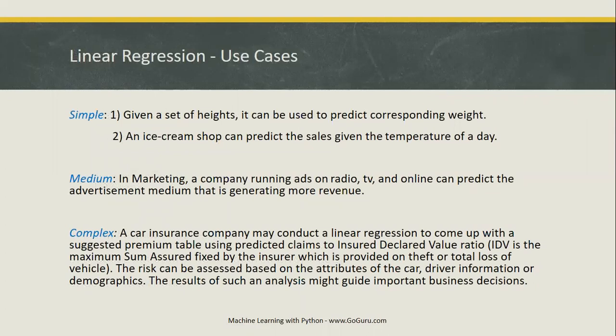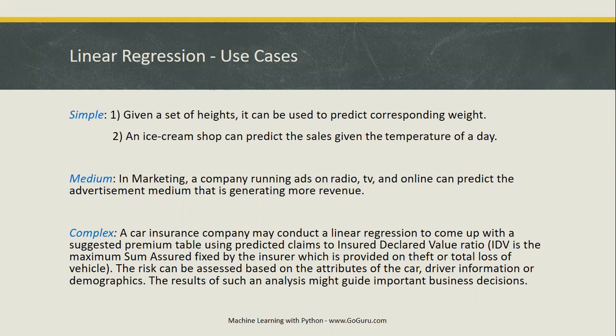So going to the use cases now. Linear regression has been applied in a lot of areas, from simple ones to complex ones. Simple ones, for example, let's say you have values of heights and weights, and you can train your model on this data and ask your program to predict a weight given the height.